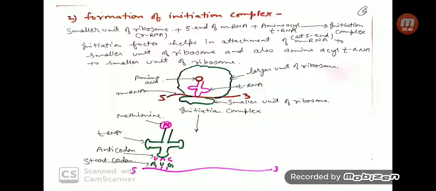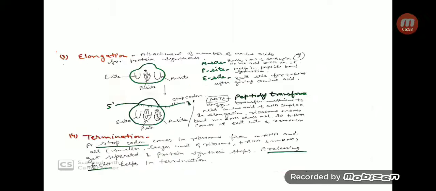If in the starting there is a start codon present in mRNA, that is AUG, as we know, there will be an anticodon in tRNA, UAC, and the first amino acid will always be methionine.